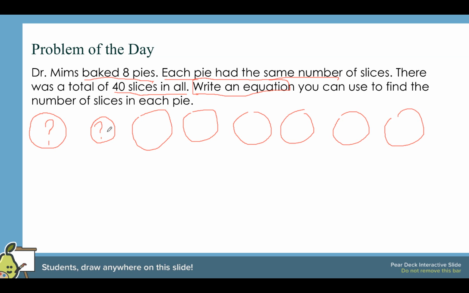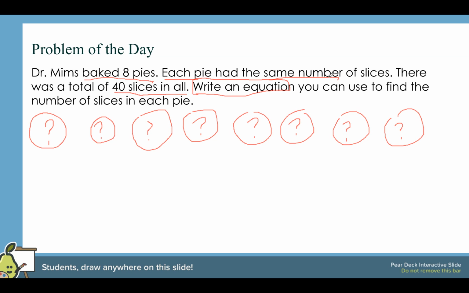So we can put question marks in every one of them because that means that it's the same amount. Each question mark would be the same amount. If you wanted to put X's in each one, because that's your unknown, you could do that as well. All right, so I have question marks here because I don't know the number of slices. That's what I'm trying to find out.